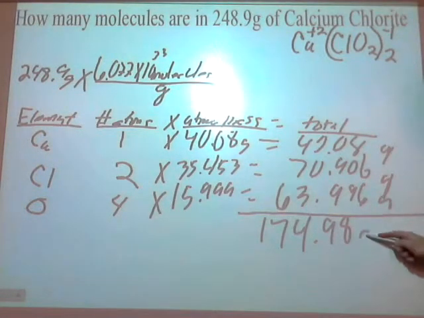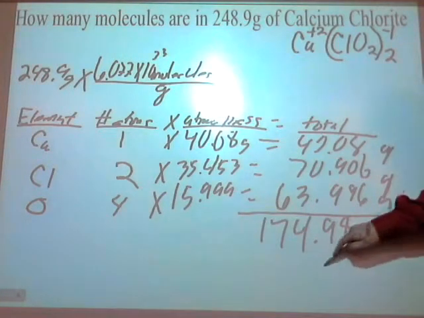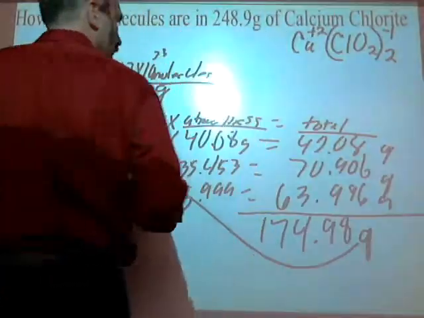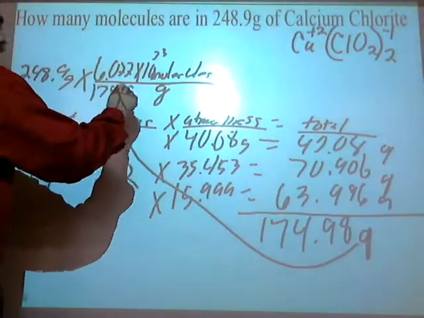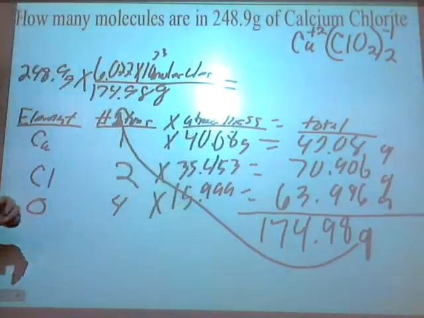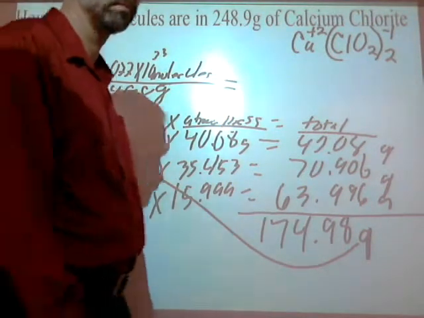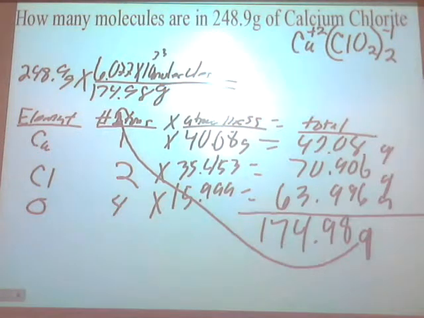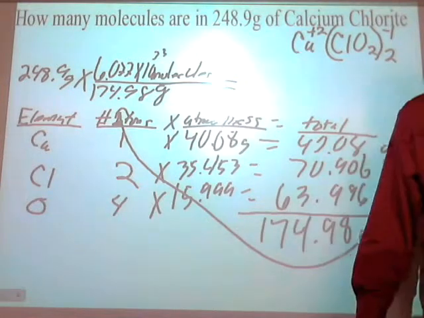Now, a lot of people say, okay, I'm done. And they forget, you're not done yet. Where does that number go? It goes up here. 174.98. Now you need a calculator.